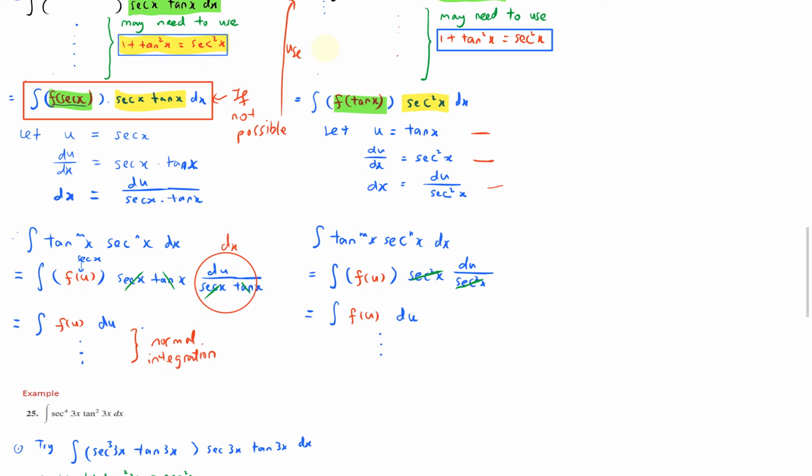So replace. Don't forget your u is tangent x. We already defined u as tangent x. So again, we cancel off. This is your dx. Again, here will be a normal integration, as per normal integration.